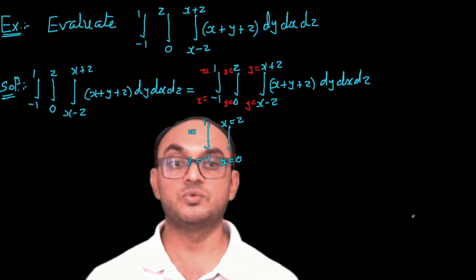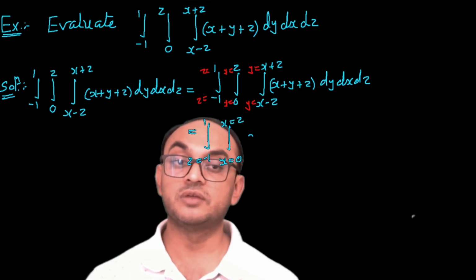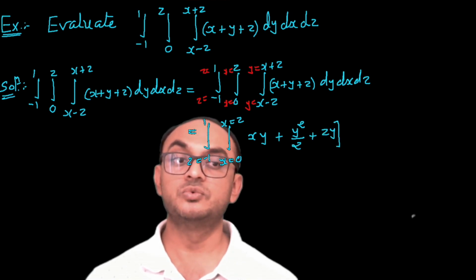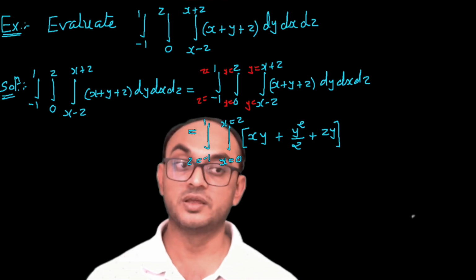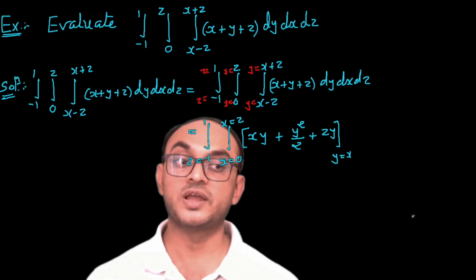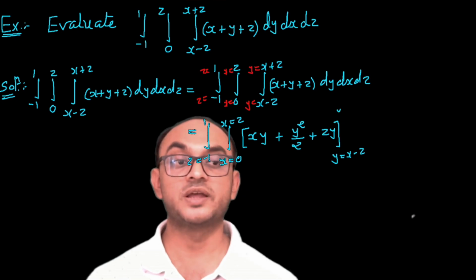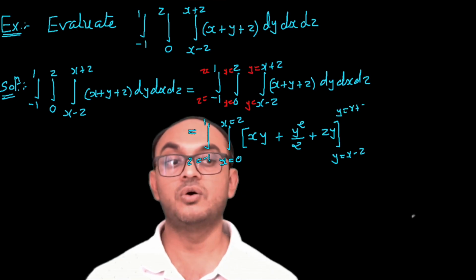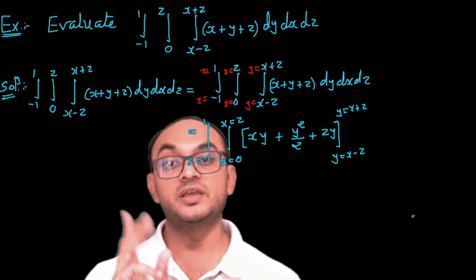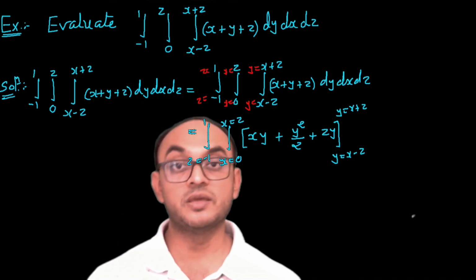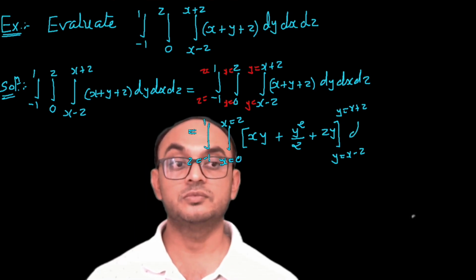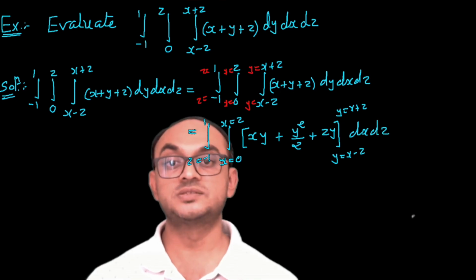So x has integration x into y, y has integration y square by 2, z has integration z into y. Don't make any mistake while integrating with respect to x, y or z, because here you are dealing with 3 different variables. Make sure dx and dz remain as they are.